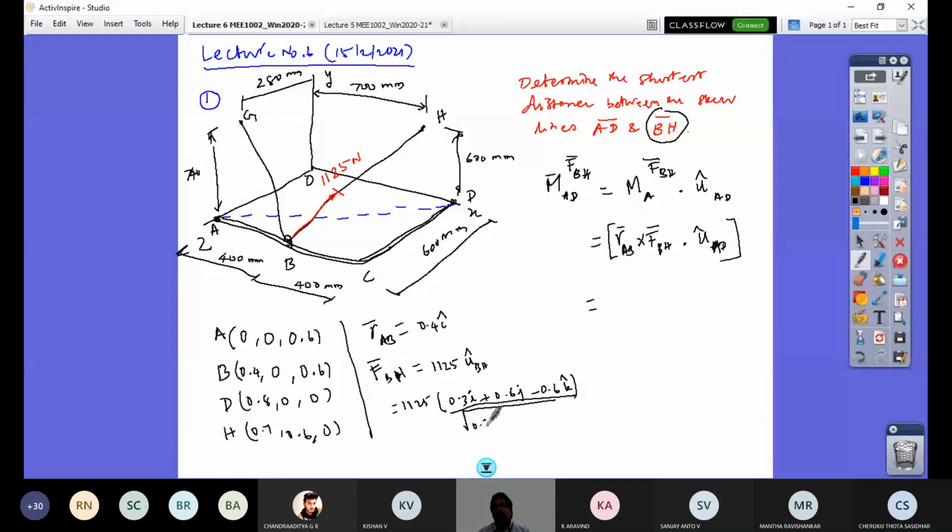That's going to be 0.3 square plus 0.6 square plus 0.6 square, right? So this is my force vector.